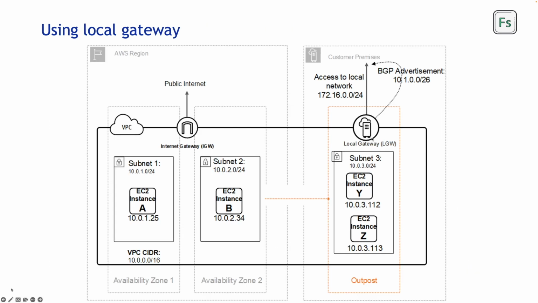Another one is how we can leverage the local gateway. This diagram shows the local gateway we have on the Outpost, and this further advertises the subnet using the Border Gateway Protocol. We'll see this in a little more detail.